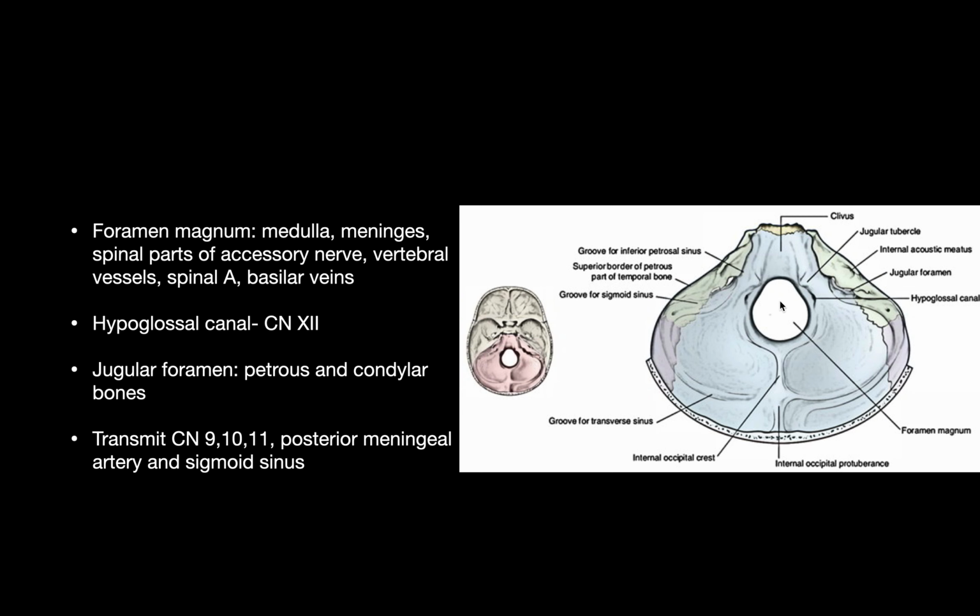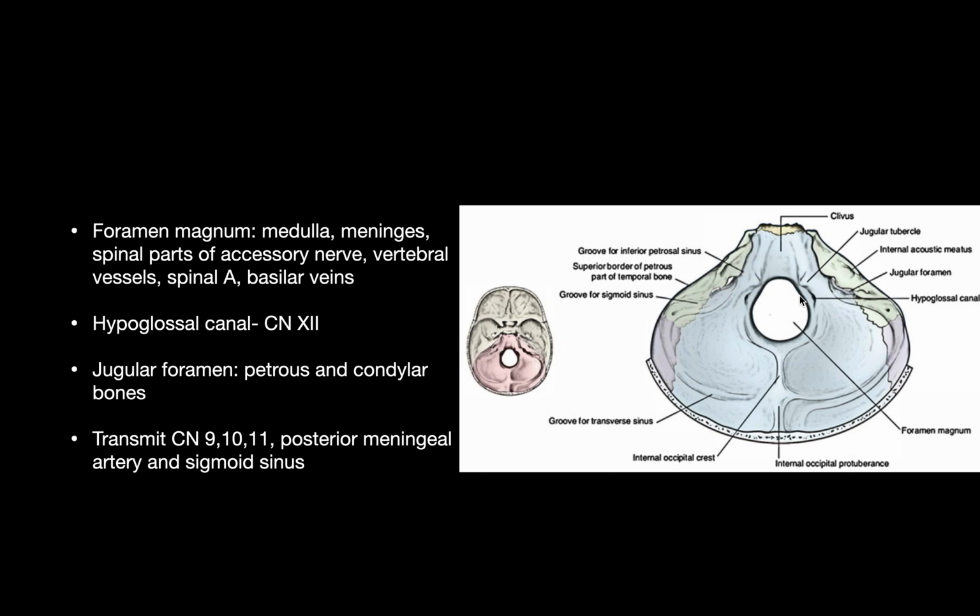The foramen magnum carries the medulla, the meninges, the spinal parts of the accessory nerve, the vertebral vessels, the spinal arteries, and the basilar veins. And right here would be the hypoglossal canals that transmit cranial nerve 12.